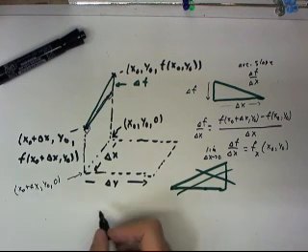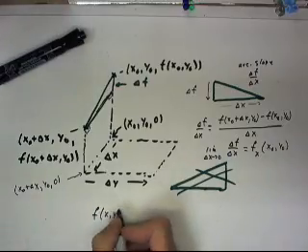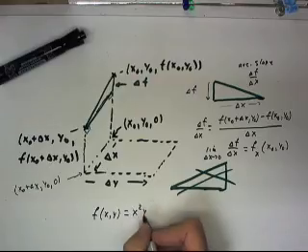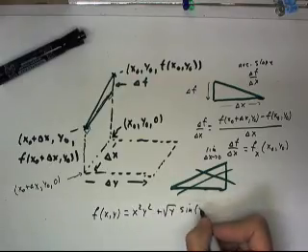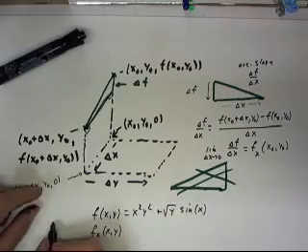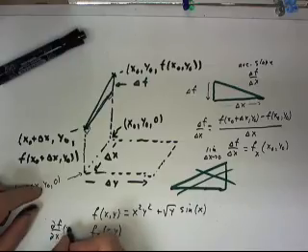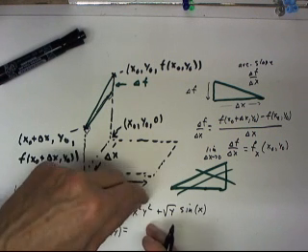So if our function is, again, f of x, y equal x squared y squared plus the square root of y sine of x, then fx of x, y, which we could also write as a partial derivative of f with respect to x at x, y, is going to be calculated by treating y as a constant.